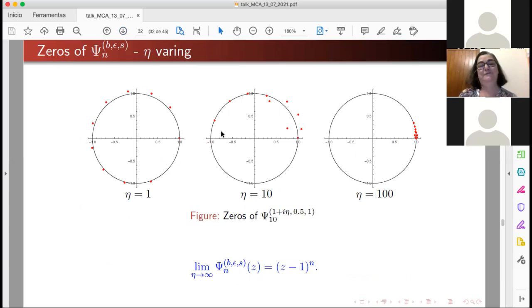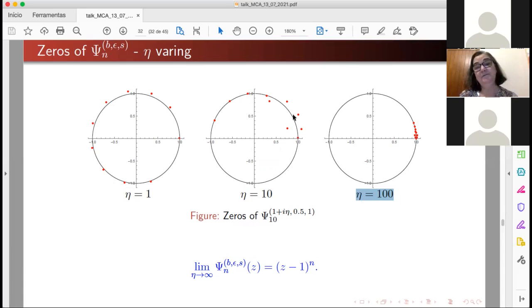Illustrating this behavior, for example, here we took Sobolev polynomials on the unit circle of degree 10. We fixed lambda equals 1, epsilon equals half, and s equals 1. And we increase eta: eta equals 1, eta equals 10, and eta equals 100. See that the zeros, the red dots, are the zeros.